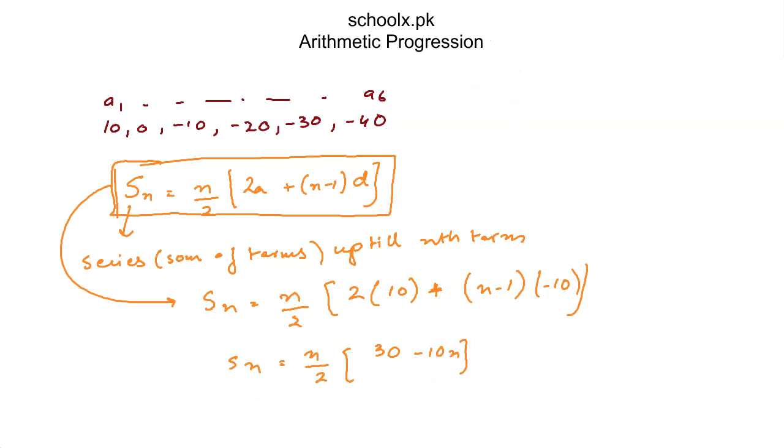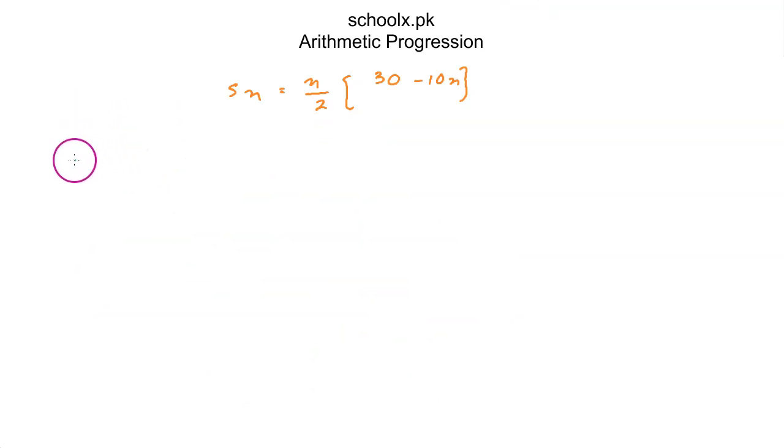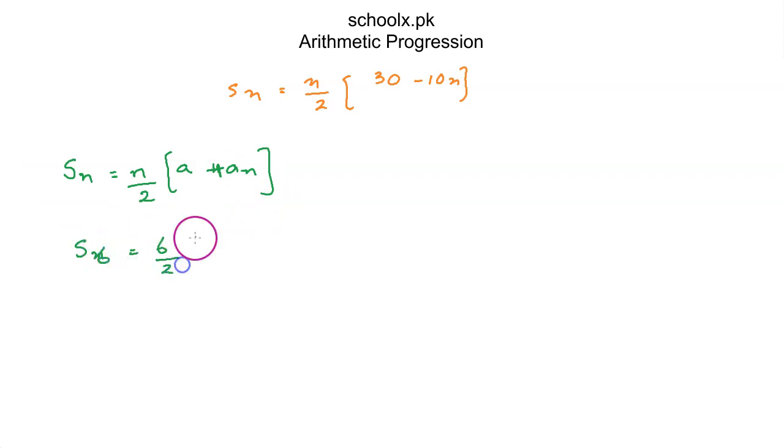The other formula is Sn equals n by 2 times a plus an, right? Which is basically the term up till which you want to find the sum of the terms of the sequence. For example, I need to find the series up till the term 6. I'll do 6 divided by 2, times a, our first term, which was 10, plus the 6th term, which is negative 40.